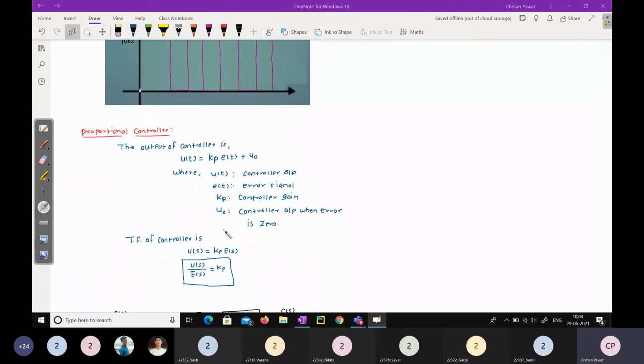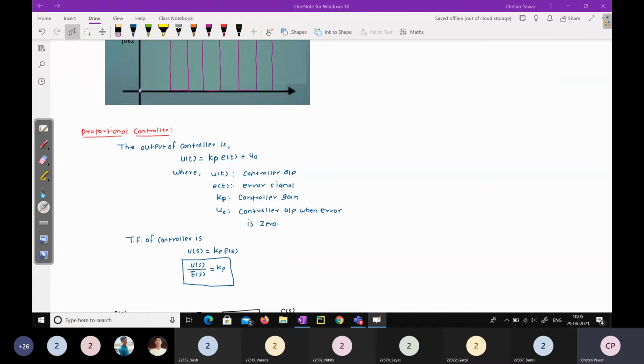So the transfer function of the controller, if you convert this equation to the Laplace domain, will be u of s is equal to kp into e of s. So u of s by e of s is the transfer function of the controller, and that is equal to kp.